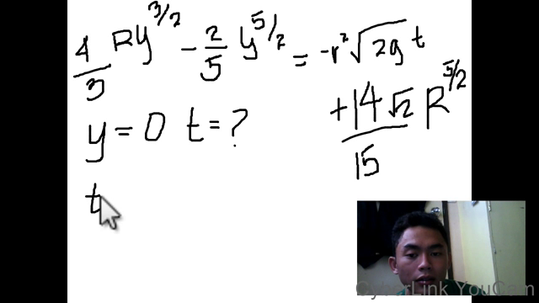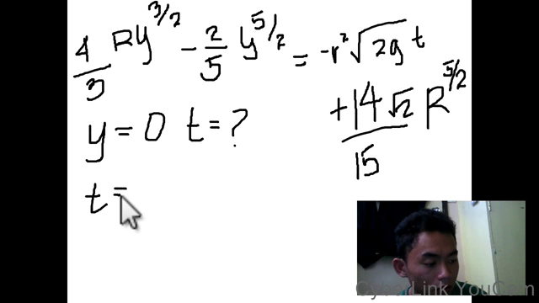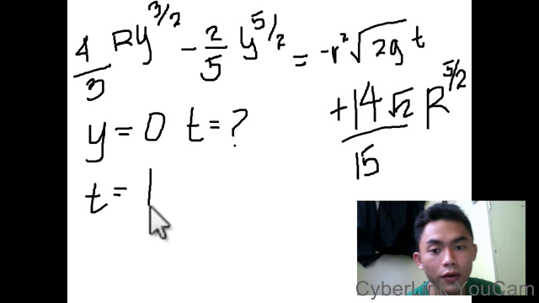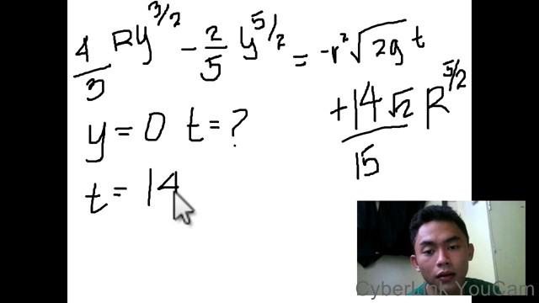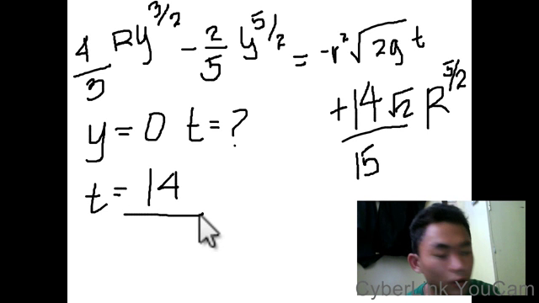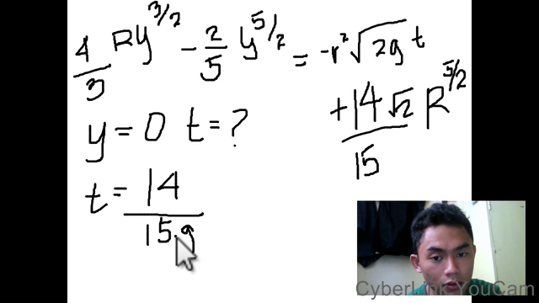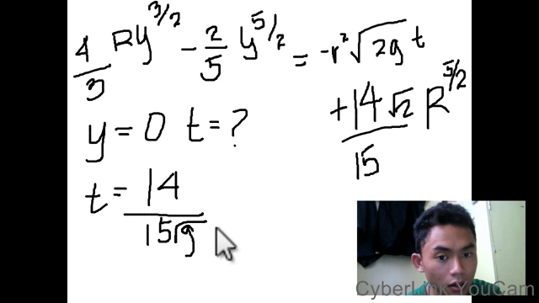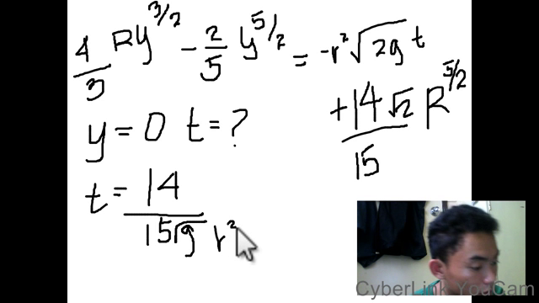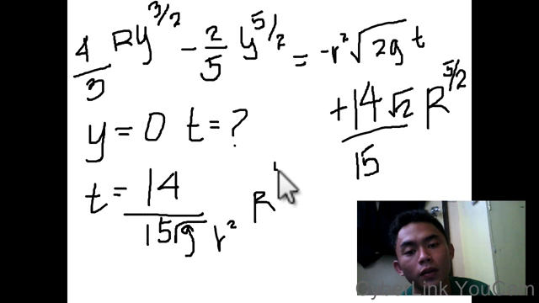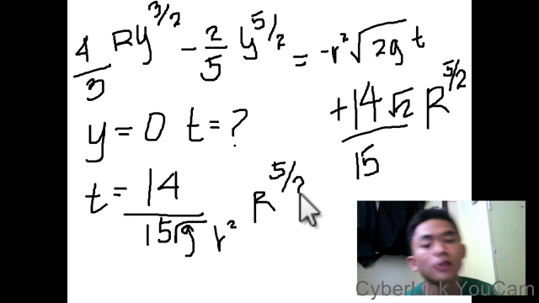T here is equal to 14 over 15 square root of g, r² times r to the 5/2.